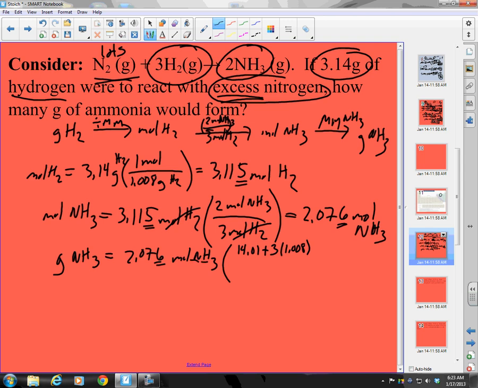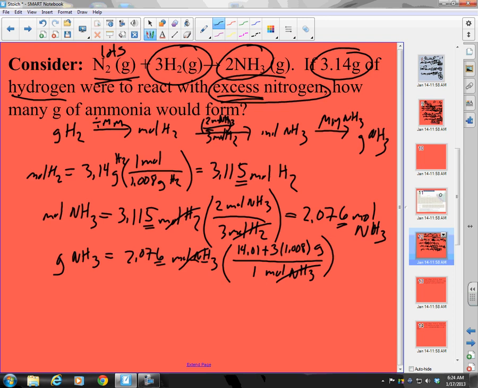That's my molar mass of ammonia in grams per 1 mole of ammonia. Cancel those, and let's do a little multiplication times quantity 3 times 1.008 quantity plus 14.01. Oops, I bet I didn't do that right.